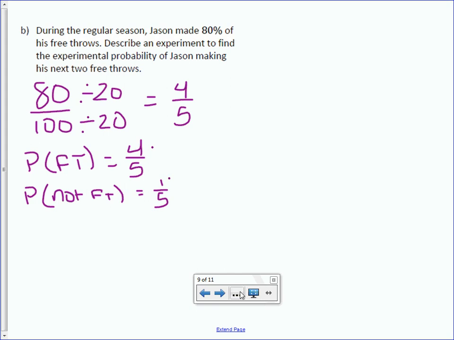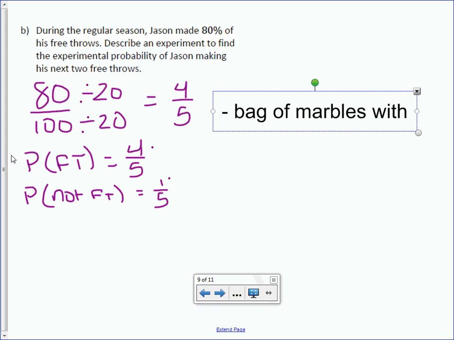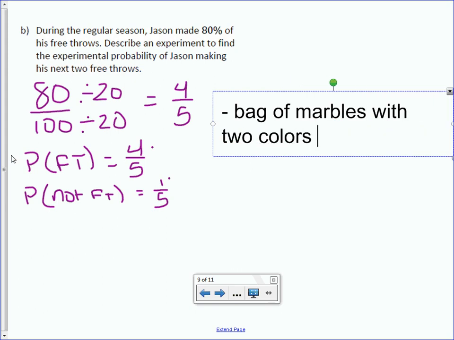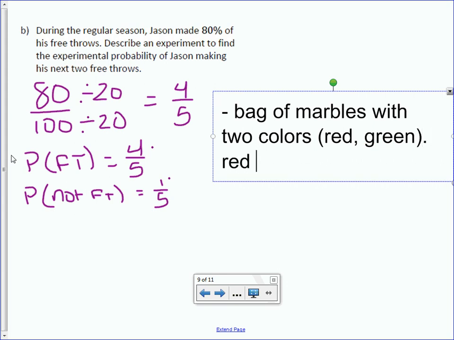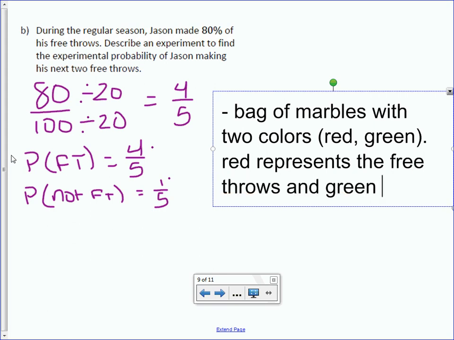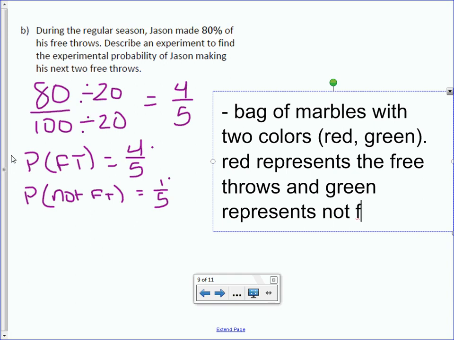So again, I like the marble idea. So we could have a bag of marbles with 2 colors. And again, any 2 colors. I'm just going to stick with red and green. Okay, and let's say red represents the free throws and green represents not free throws.